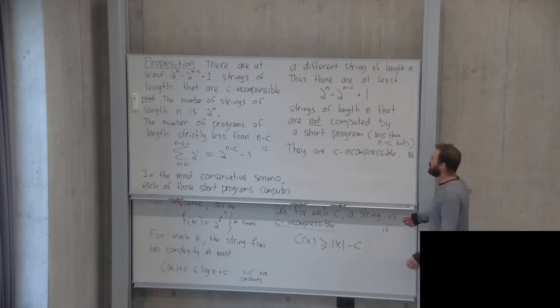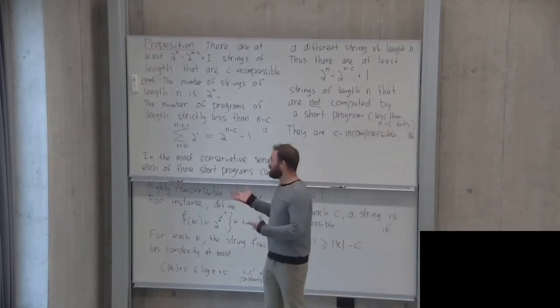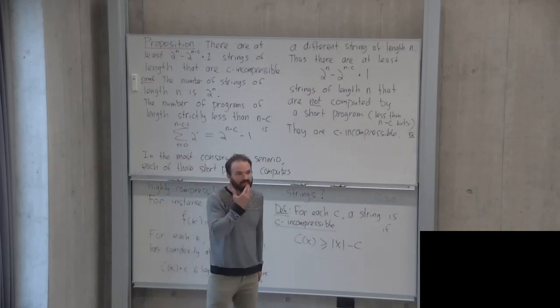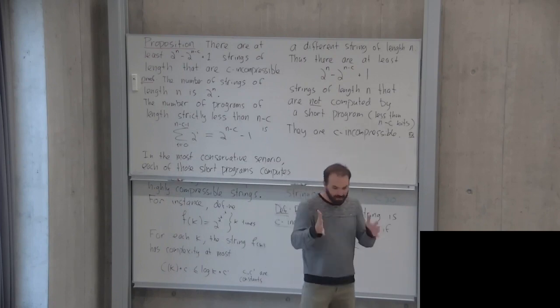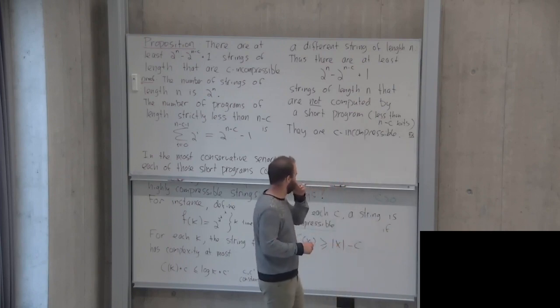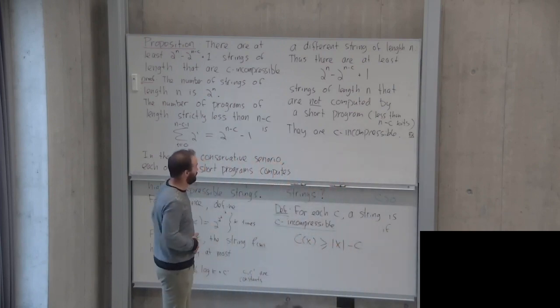Okay, so what did we do? Plenty of writing. We want to do it right, so it's fine, but we just saw that there need to be incompressible strings because there are not enough short programs. So they exist.